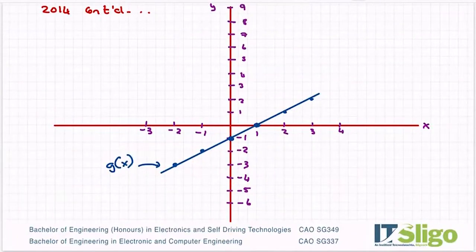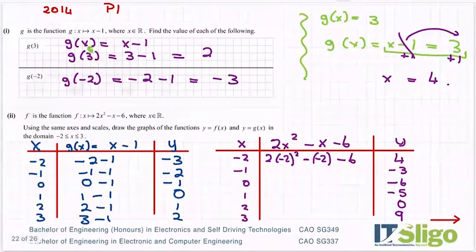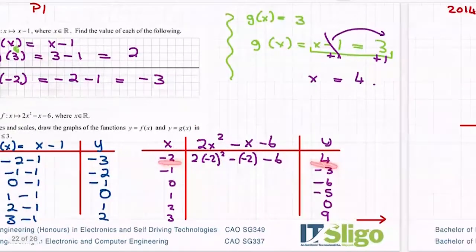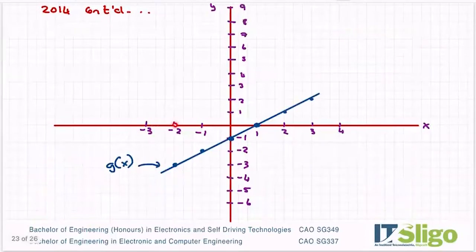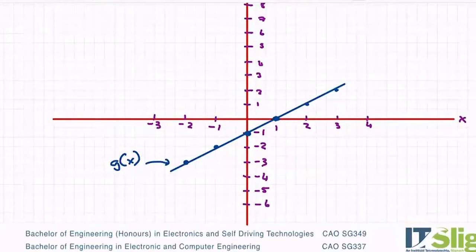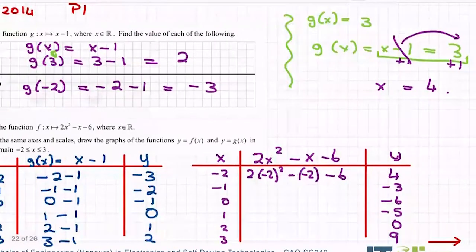Okay, switch to purple and let's plot this one, our f of x. So my couples: (-2, 4). So -2 up to 4. My next one, (-1, -3).